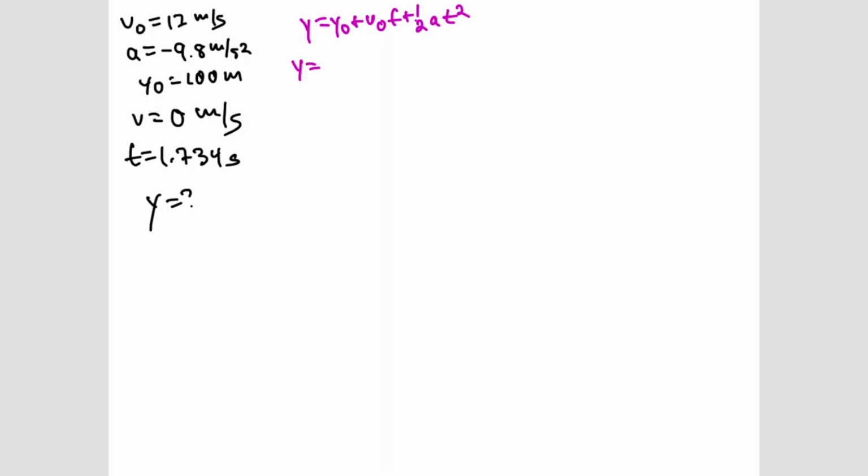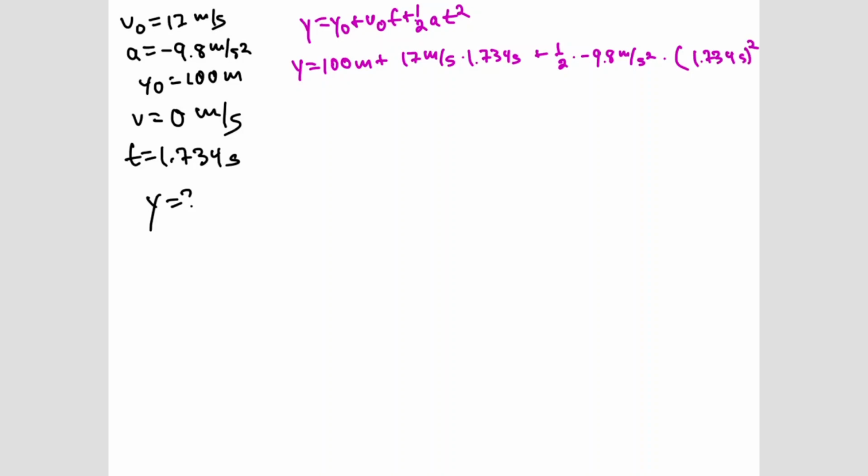So then y is equal to 100 meters plus initial velocity of 17 meters per second times 1.734 seconds plus 1/2 times negative 9.8 meters per second squared times, put this in parentheses, 1.734 seconds squared.